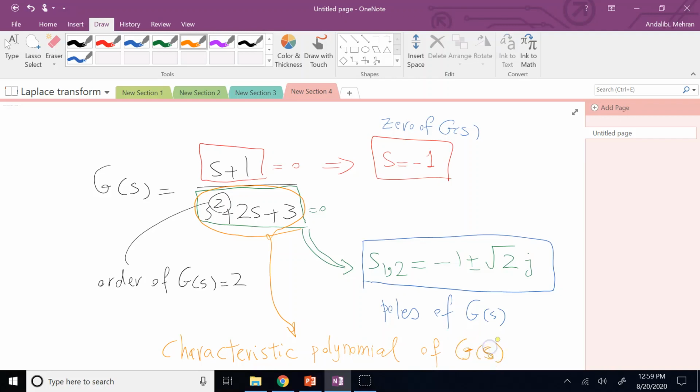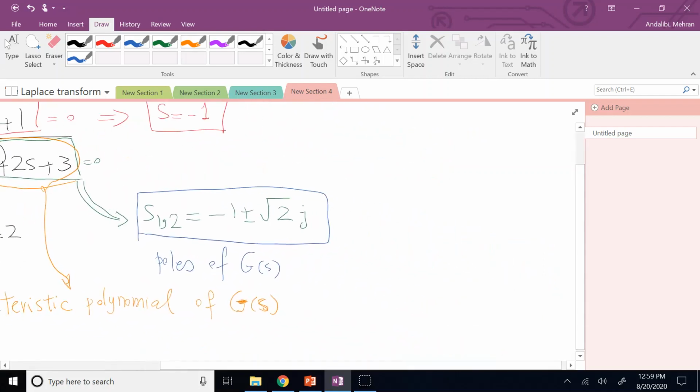Okay, so the denominator is the polynomial from which we find the poles of the transfer function. We say that is the characteristic polynomial. Why? What does characteristic mean? Characteristic means it determines the behavior of G(s). Why? Because the roots of this are the poles, and poles will determine whether the system is stable or not.